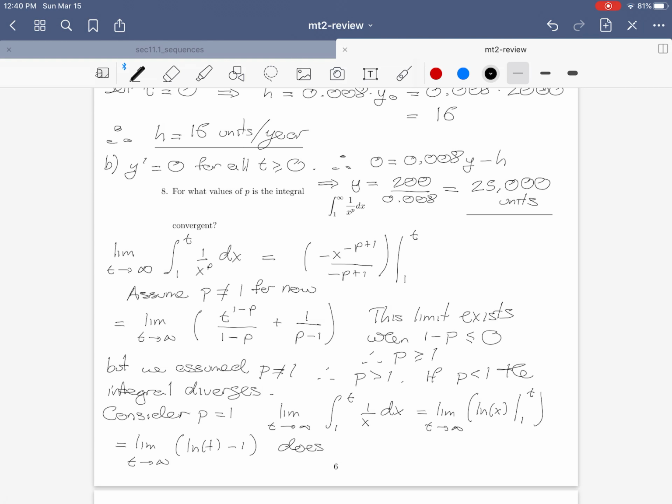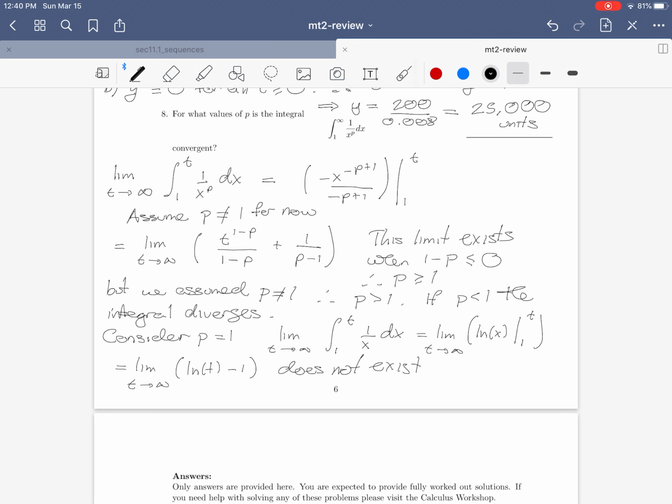This does not exist, since ln t tends to infinity as t tends to infinity. So therefore, when p equals 1, the integral diverges.